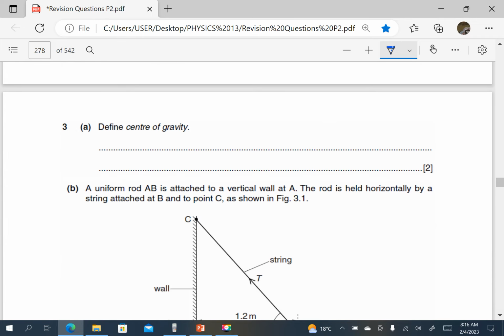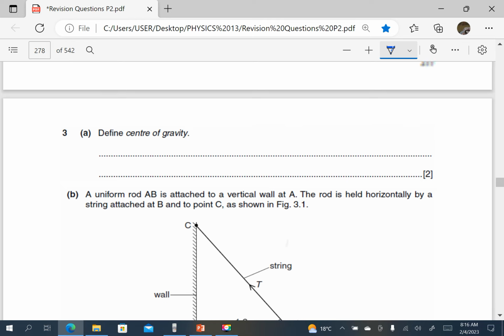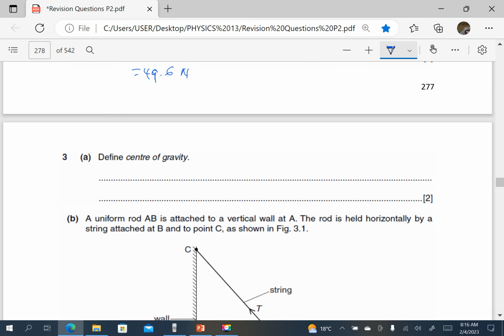Define center of gravity. At this point, we now know what center of gravity is.